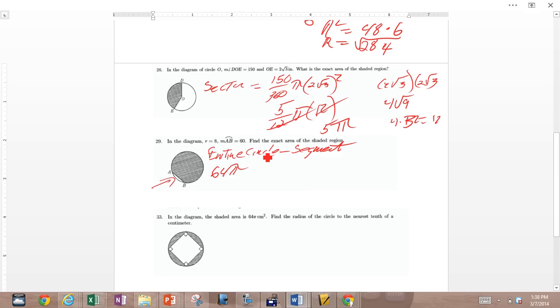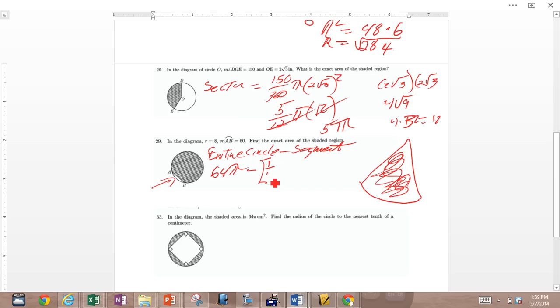Now, okay, how do we find that little segment? Well, we know that that's a 60-degree angle right there. There's our 60-degree angle. So that whole region in here is what? 1/6, or 60 over 360.